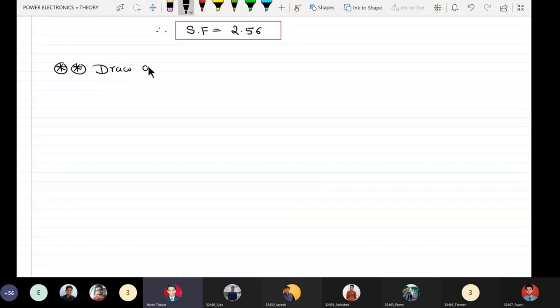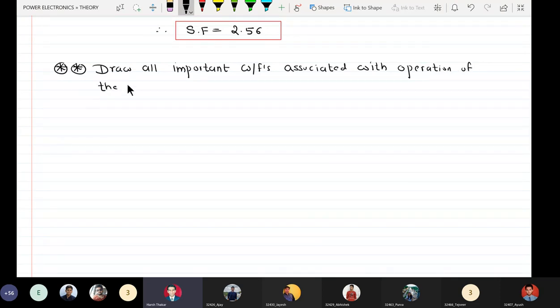Draw all important waveforms associated with the operation of the circuit shown below.